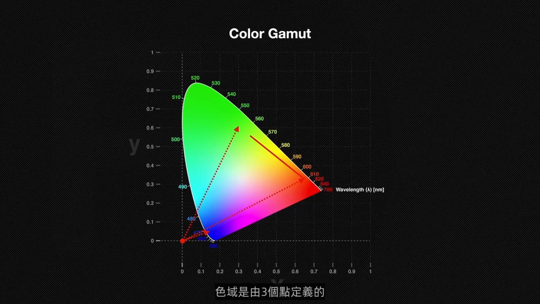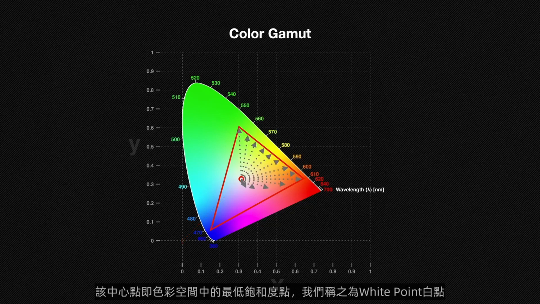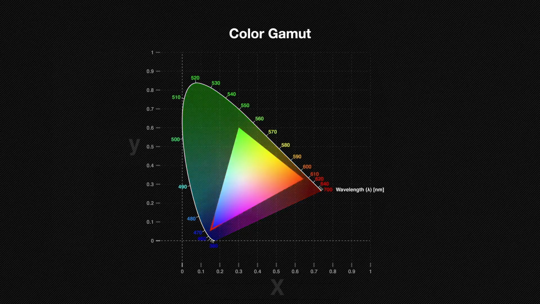A gamut is defined by 3 points, but this color gamut is going to be incomplete if we don't define a 4th point that is going to set its center, the point of lower saturation of the color space, which we will call the white point, something we are going to discuss later.